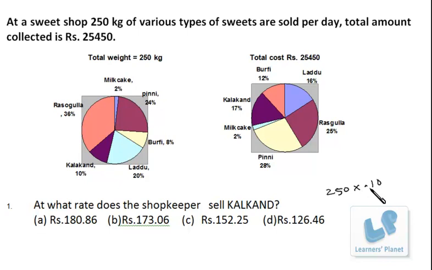That is the quantity. If the total cost is divided by the quantity, we will get the rate per kilo. Now what is the total amount arrived by selling Kalakand? That is 17% of 25450, so it's 25450 into 0.17, right?